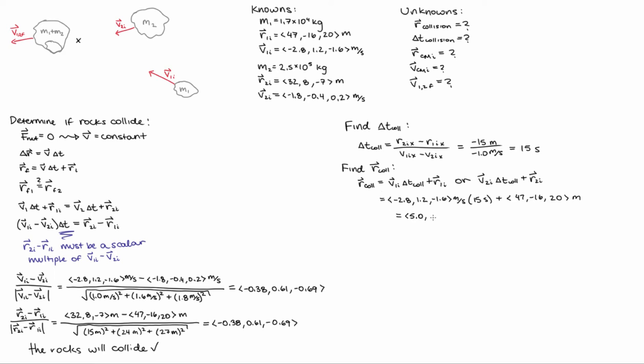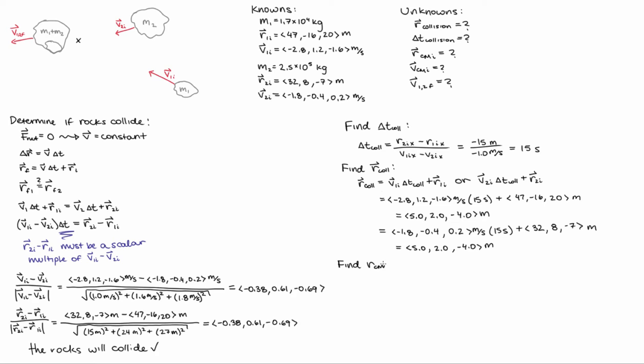This gives us a position of 5.0, 2.0, negative 4.0 meters. Using the second option gives us negative 1.8, negative 0.4, 0.2 meters per second times 15 seconds plus 32, 8, negative 7 meters, which gives us the same answer of 5.0, 2.0, negative 4.0 meters.